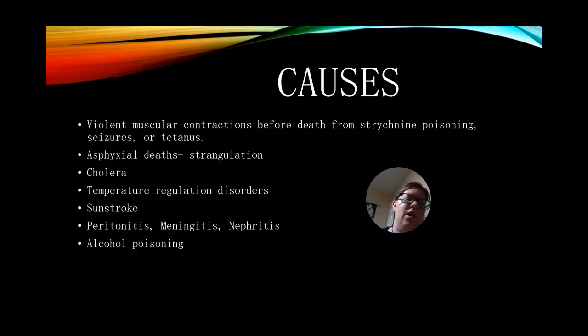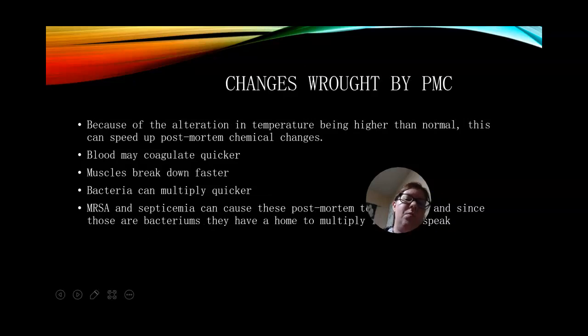So a lot of the causes for this are really violent muscular contractions, asphyxiation, cholera, temperature regulation disorders, sunstroke, various bacterial illnesses, as well as alcohol poisoning. So changes that happen to the body because of this would be your blood coagulating, muscles are going to break down faster, and bacteria is going to multiply quicker.